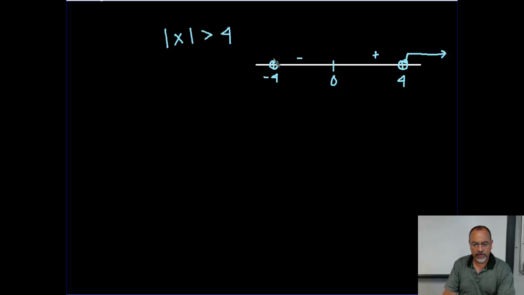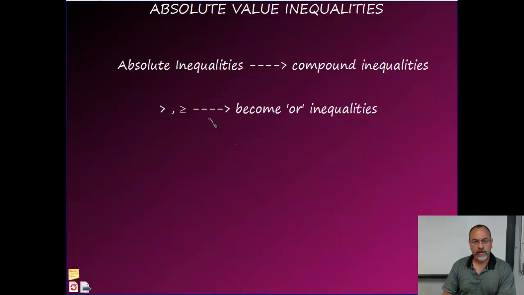Well, we'd have to go out this way. These numbers out here are more than that 4 away from 0, and you'll notice that this number line representation looks like an or, because remember, the ors go out this way, and that's what we have. So you can see, if it's greater than or equal to, that's going to produce an or type inequality.